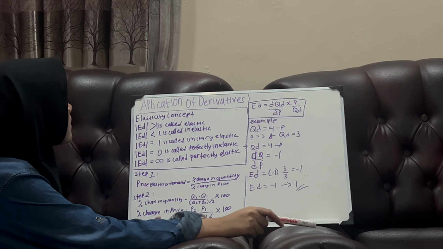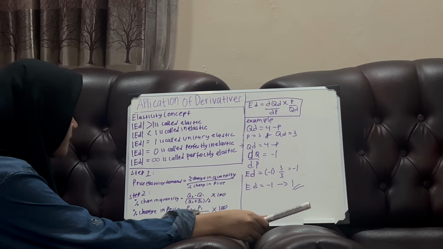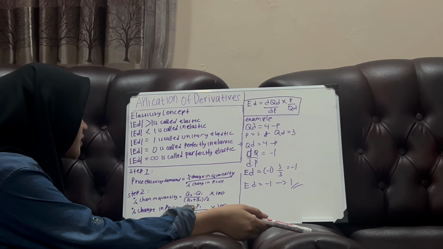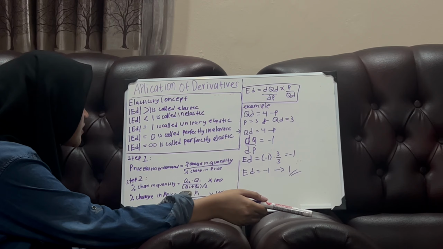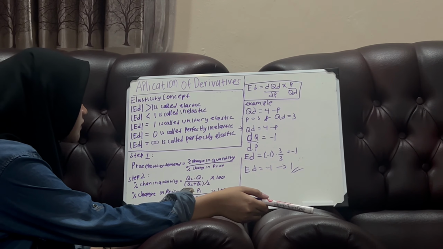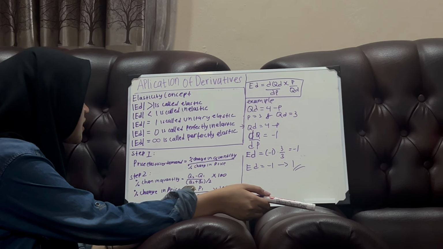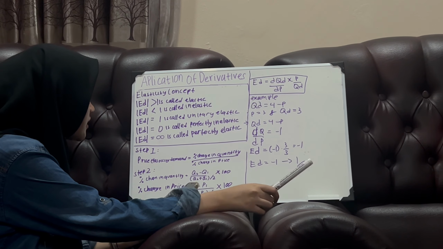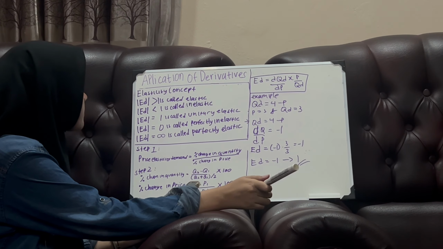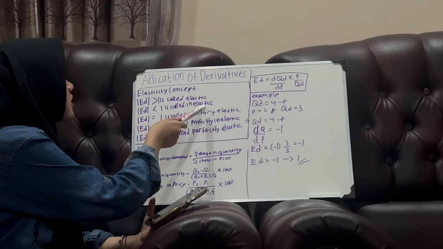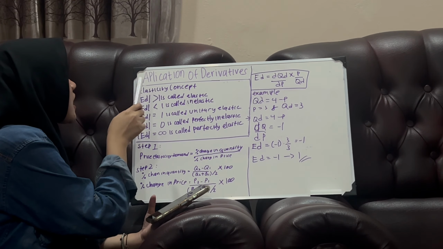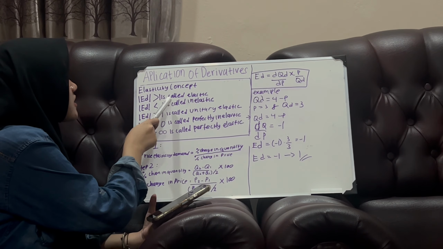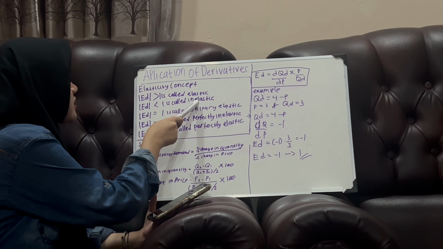The third is the elasticity concept. Price elasticity of demand is the percentage change in the quantity of goods or service demanded divided by the percentage change in price. Elasticity is ED. Bigger than 1 is called elastic.